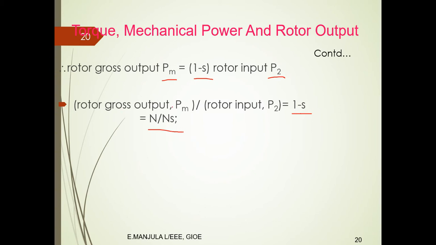So here, PM divided by P2 is equal to 1 minus S, which is also equal to N by NS.